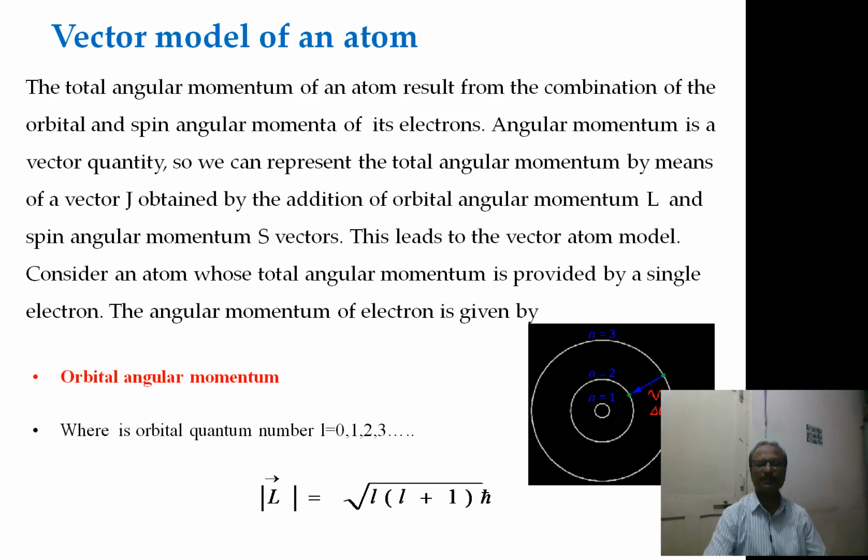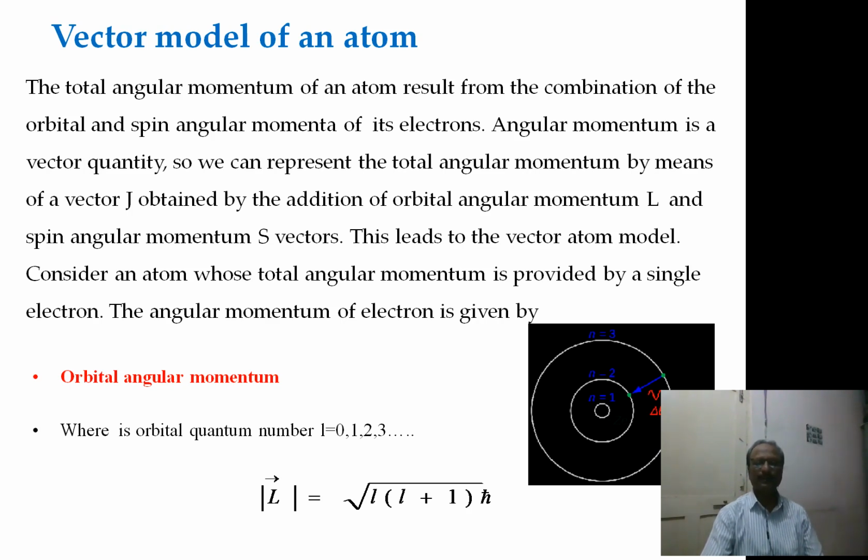So, to answer these questions, a new theory came, that is the vector model of an atom, by the physicists Uhlenbeck and Goudsmit. This vector atom model is based on the theory of total angular momentum. As we see in this picture, the electrons circulate around the nucleus and perform orbital motion, as well as the electron performs spin motion about its own axis.